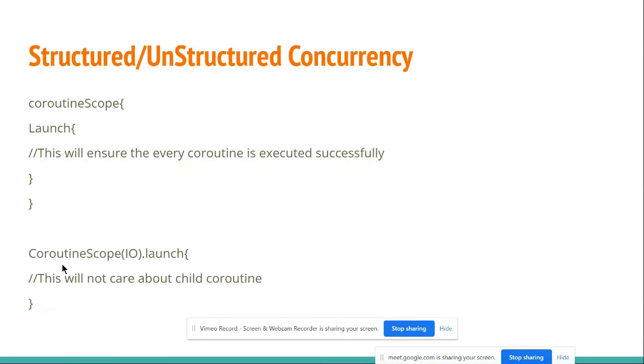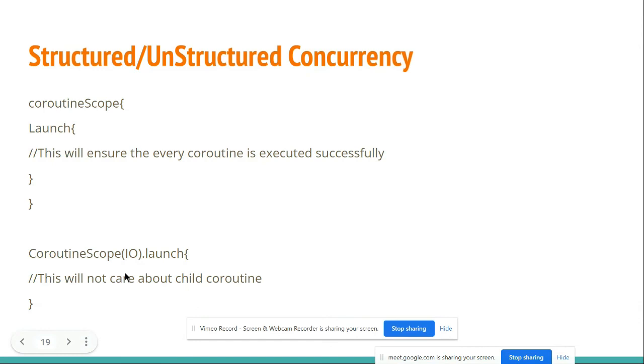So there are lots of chances of getting the wrong result. Suppose we have one more block of code in this coroutine scope, doing a calculation, some total of numbers, and we are returning that value to a variable here.